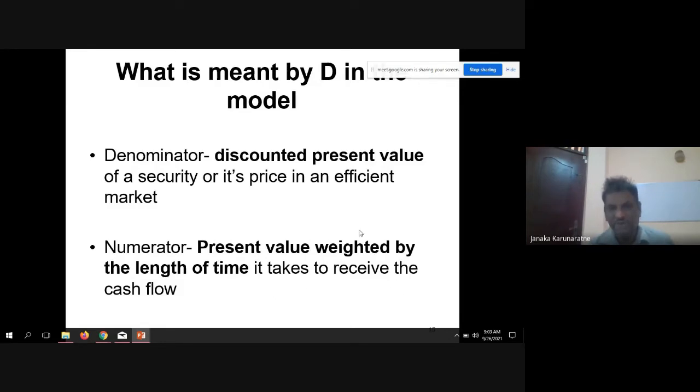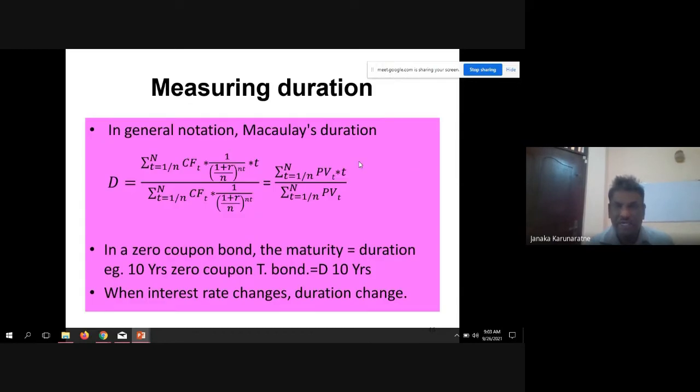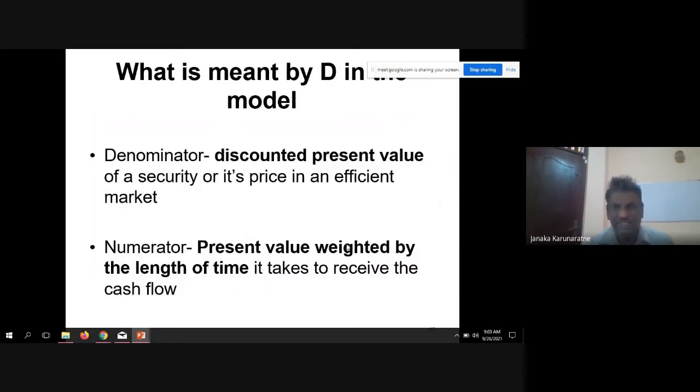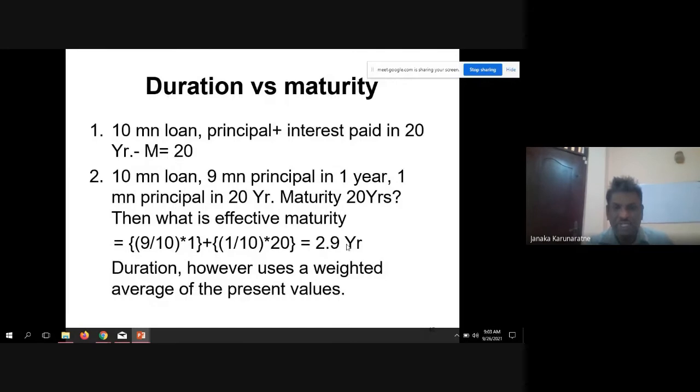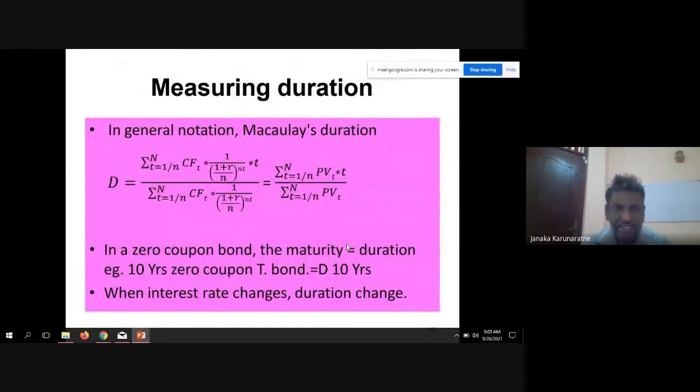So that is the present value of the cash flow multiplied by the time factor, and that is called the numerator. In very simple terms, duration is the present value of future cash flows multiplied by the time factor, the time to maturity of the cash flow, divided by the price. That is called the duration. Okay.